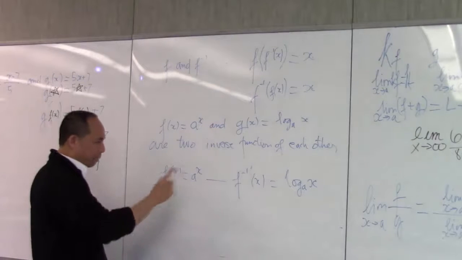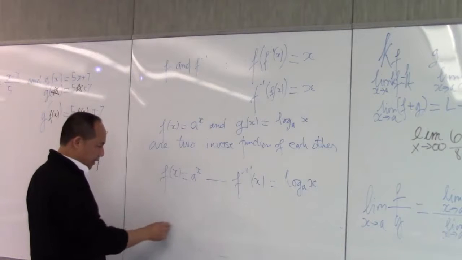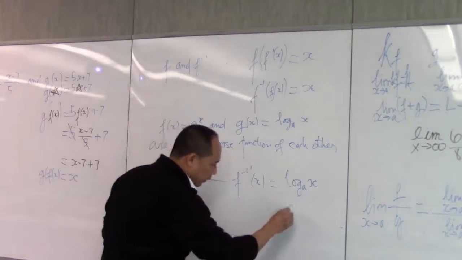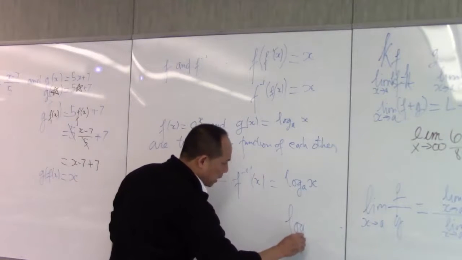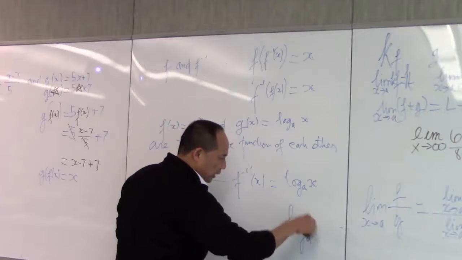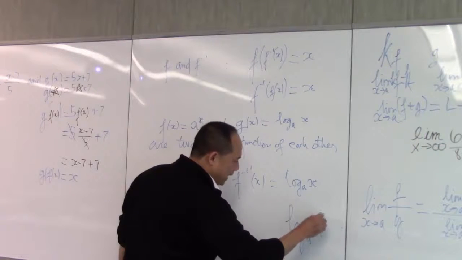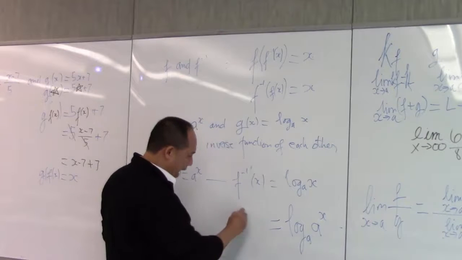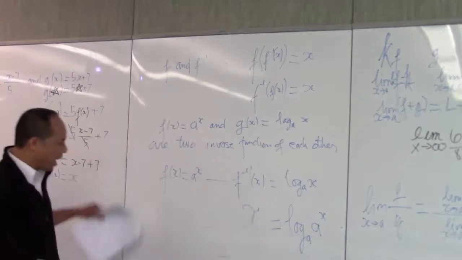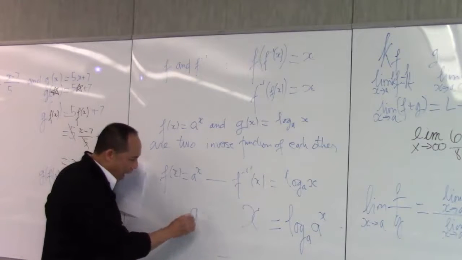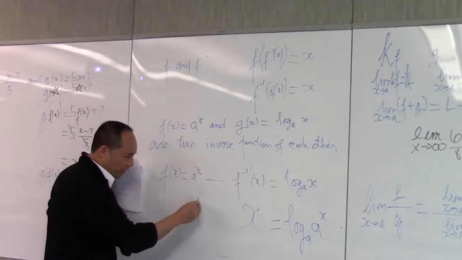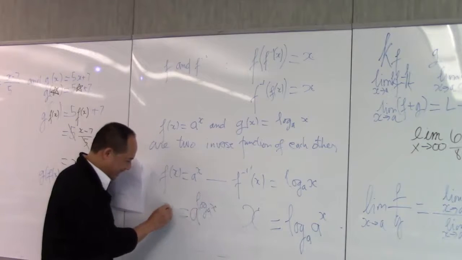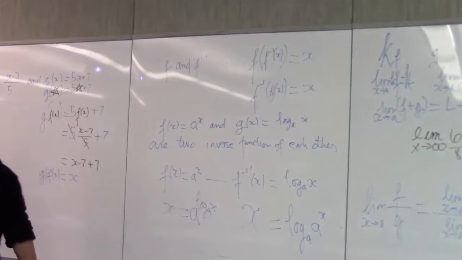If you combine both together, you take the log of the function a to the x, it gives x. Or you exponentiate the log function, that's also x. That's a property.